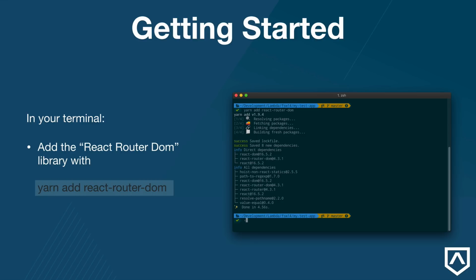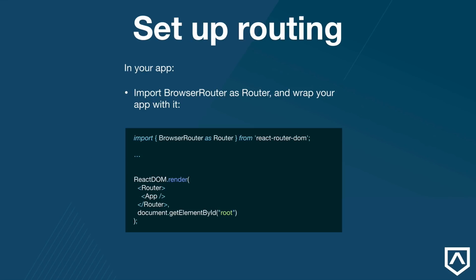So to get started, open up your terminal and go to the application that you want to add React Router to, and we're going to use the command yarn add react-router-dom, as you can see here. Then you should see yarn do its thing and add this library as a dependency. Next, we're going to set up routing in our application.